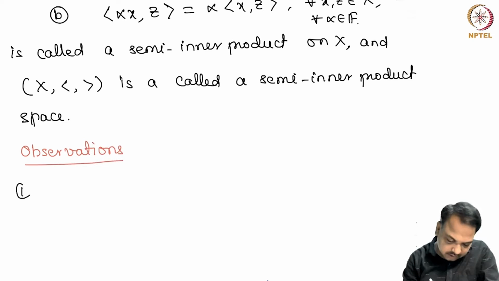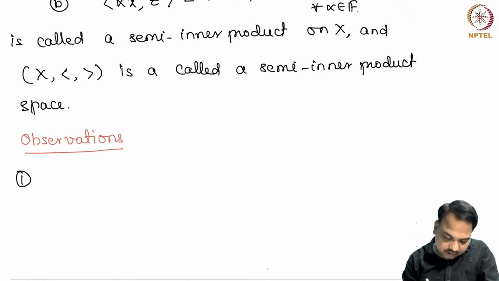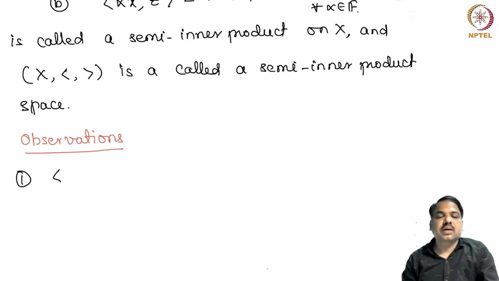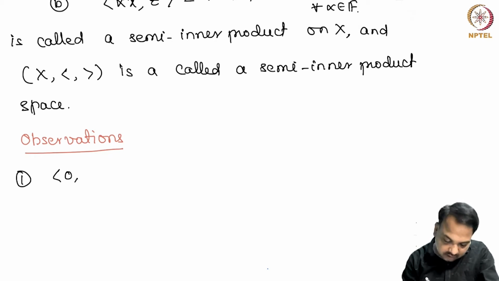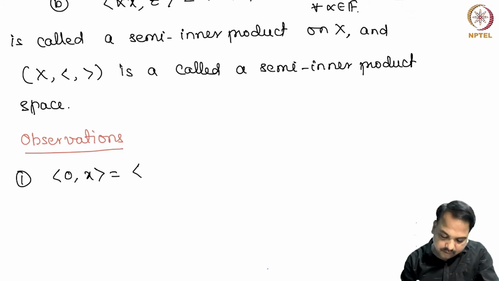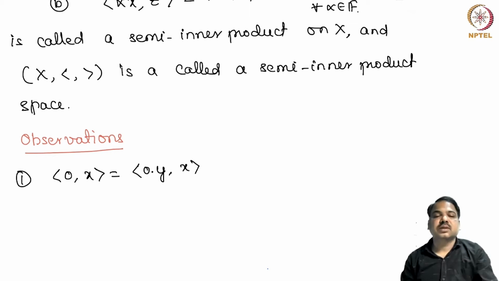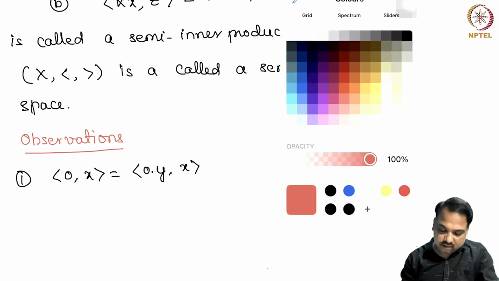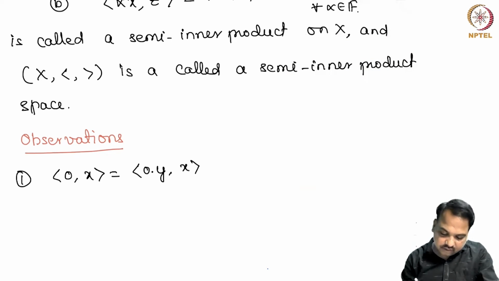The first one is, if you take a vector space X and take the 0 vector. Since X is a vector space, it contains the 0 vector. Now look at the semi-inner product of the 0 vector with x. This can be written as 0 multiplied by any vector y, taking the semi-inner product with x. So here 0 is a scalar; you take alpha to be 0.